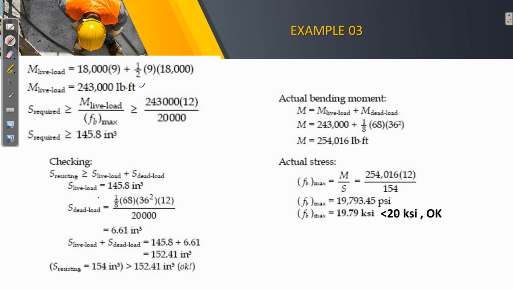So that we get the actual flexural stress equivalent to 19,793.45, or that is 19.79 KSI, which is less than 20 KSI, so it's still okay. So that's it for this problem.